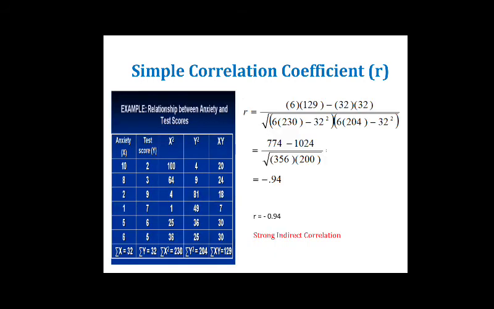Then I put these values in the formula and get minus 0.95. If it is minus, there is an indirect relationship, and as it is greater than 0.75 in magnitude, I say we have a strong indirect correlation between anxiety and test score. This is another example of the Pearson coefficient.